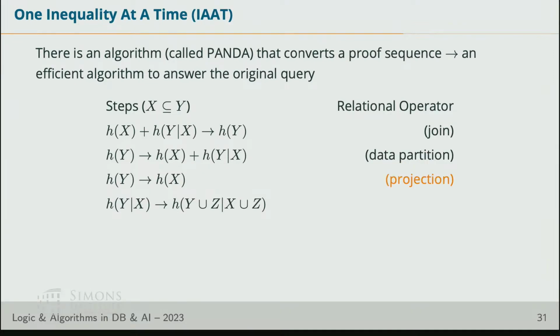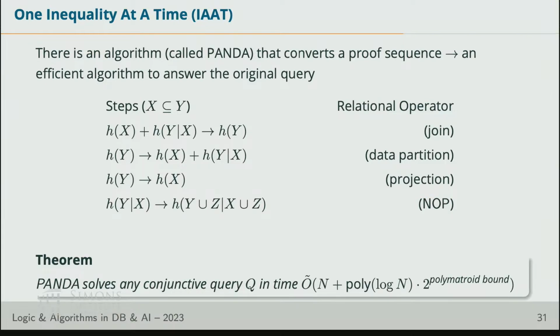If we have a move from a bigger term using monotonicity from h of y down to h of x, this will become the projection. And if it's submodularity, then it's just a rearrangement of things. So using this conversion, we came up with an algorithm. This is called Panda, that shows any conjunctive query in time that is predicted by the polymatroid bound.